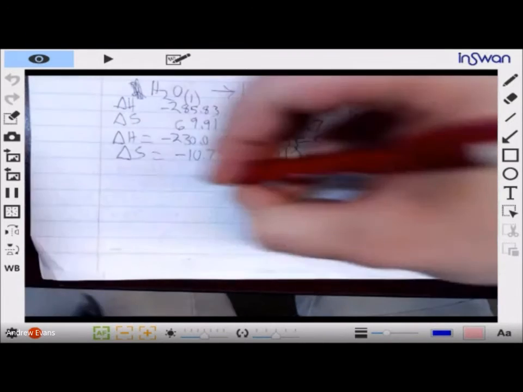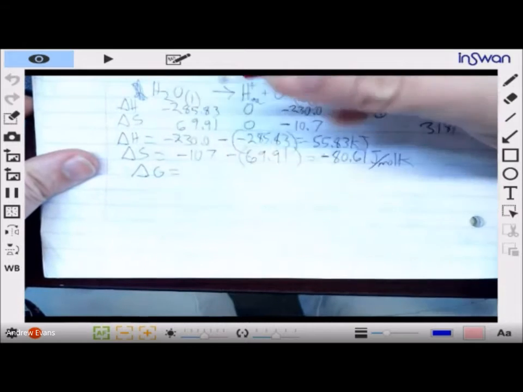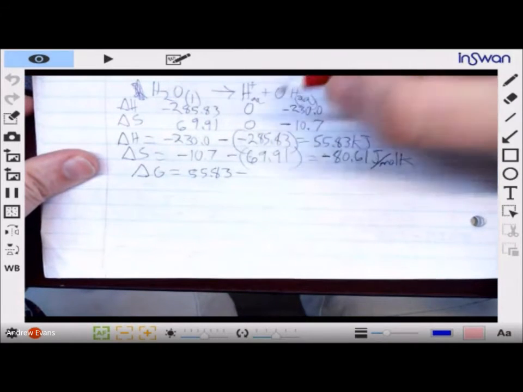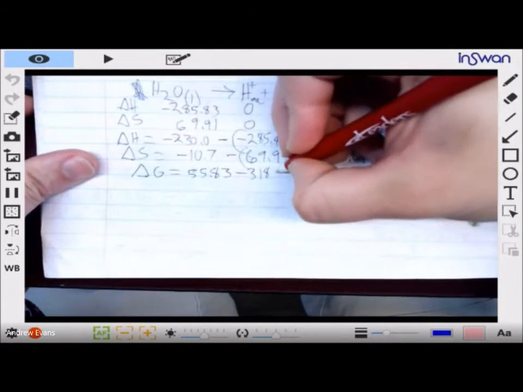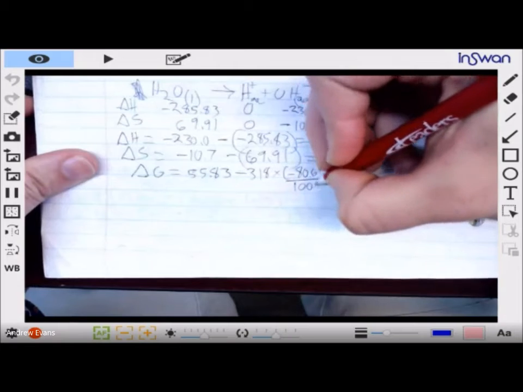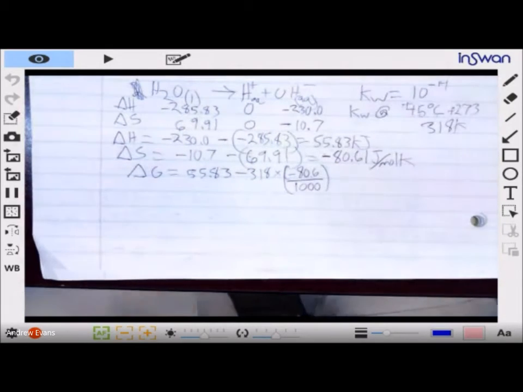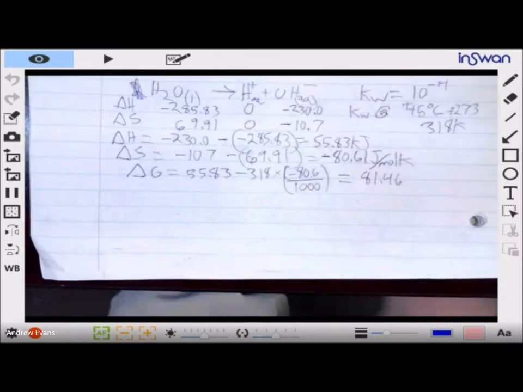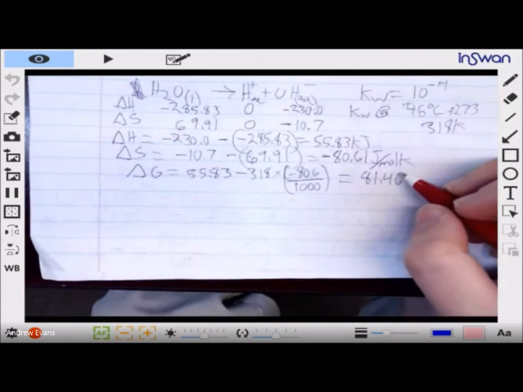Delta G is equal to 55.83 minus 318 times a negative 80.6 divided by 1,000. Okay, so you'd get a delta G of 81.46.